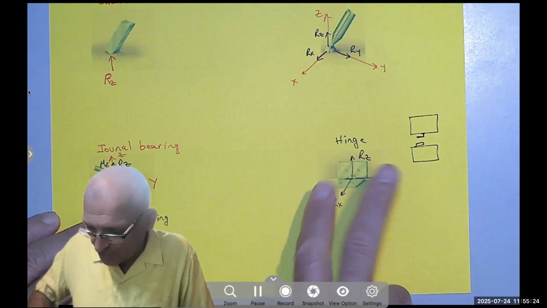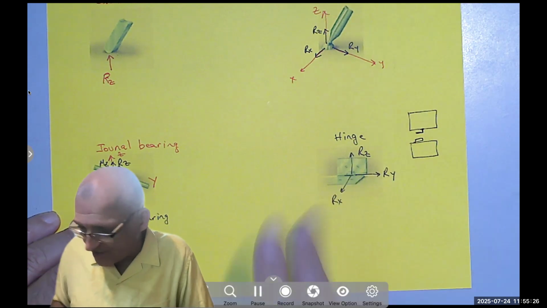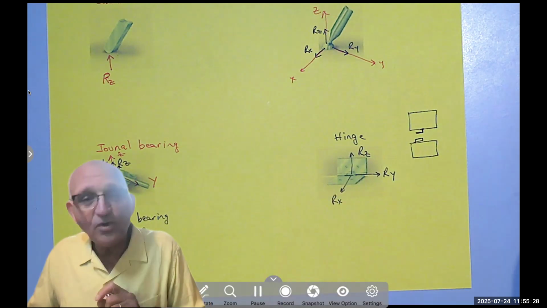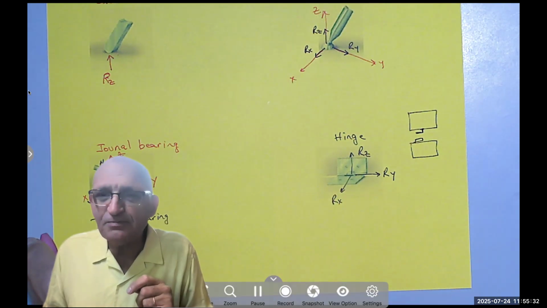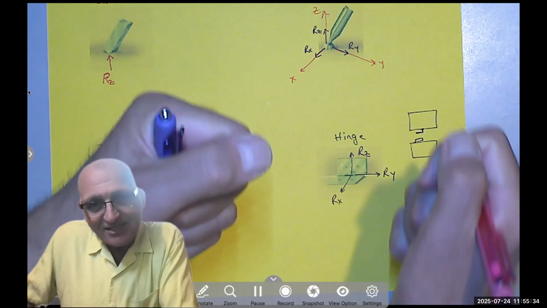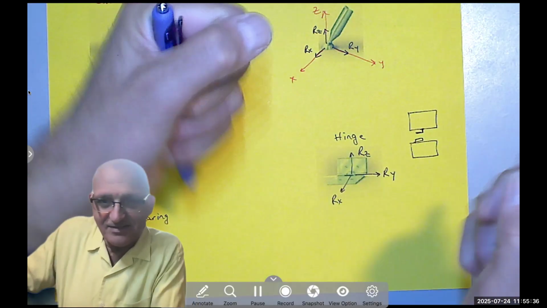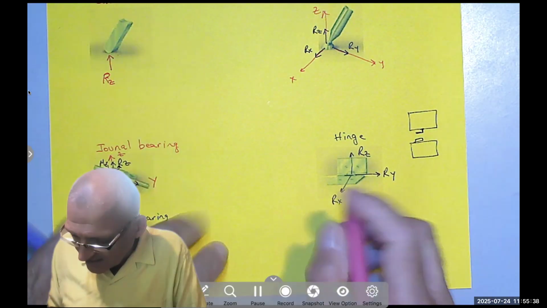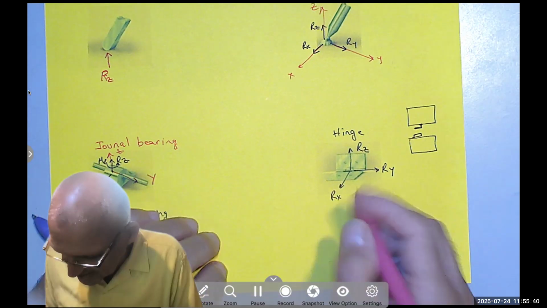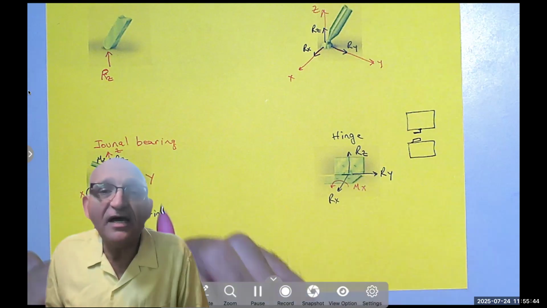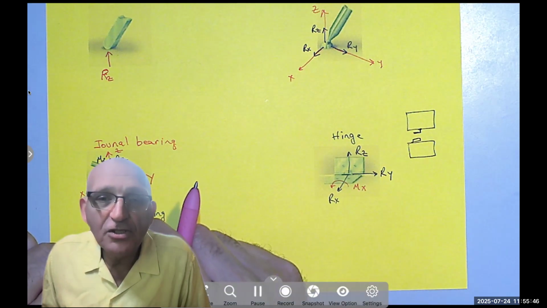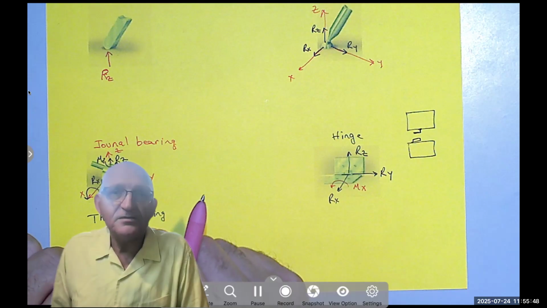Yeah, this prevents rotation in this direction and in that direction. However, I want to tell you that when we design a hinge, we don't expect you to try to turn it around the z or the x. These are very small moments, and usually they are due to misalignment.